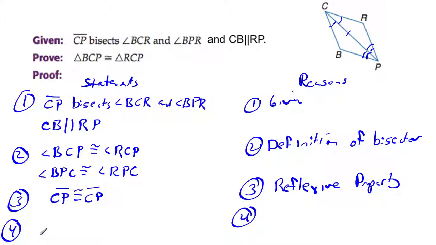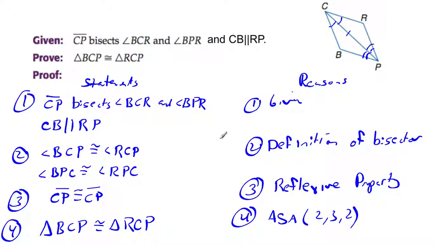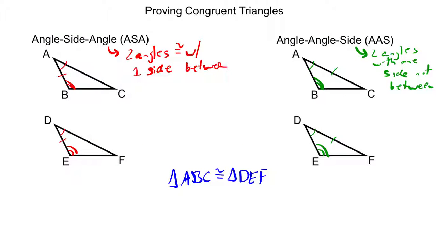And now I actually have enough to say that triangle BCP is congruent to triangle RCP, and that is because of angle, side, angle. So I got the first angle in step 2, the side in step 3, and the second angle in step 2. Angle, side, angle, which is right here.